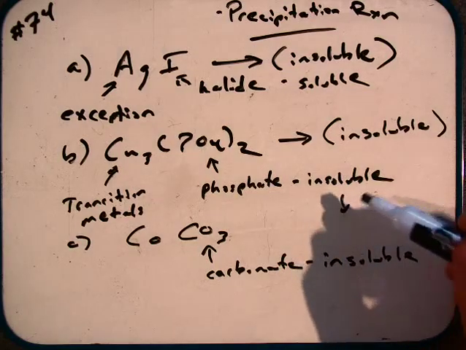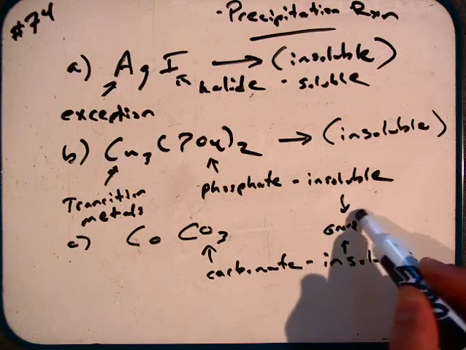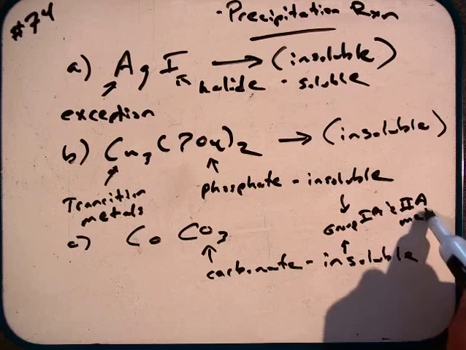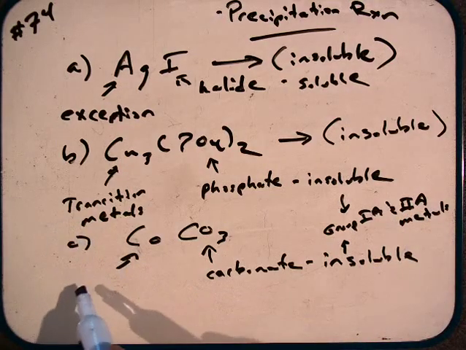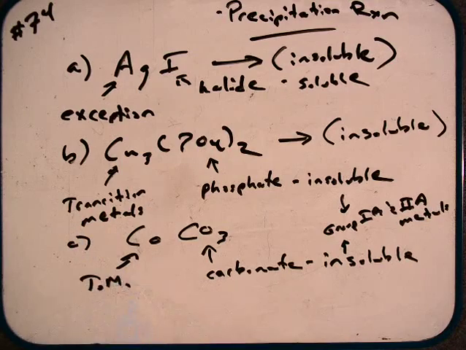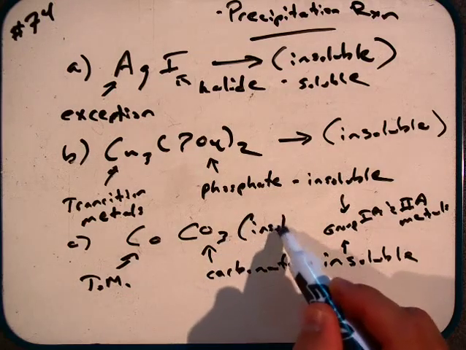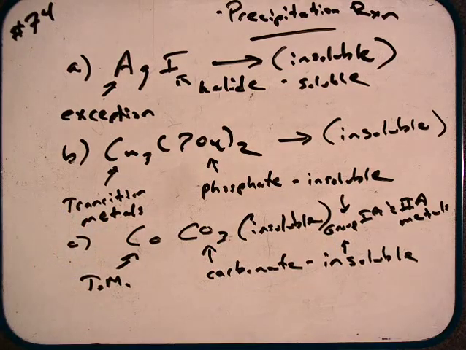The only exception to this rule is really these group 1A and 2A metals. And just like with part B, we have a transition metal with the cobalt, so we have no help there. So this again would be insoluble, just as part B was insoluble.